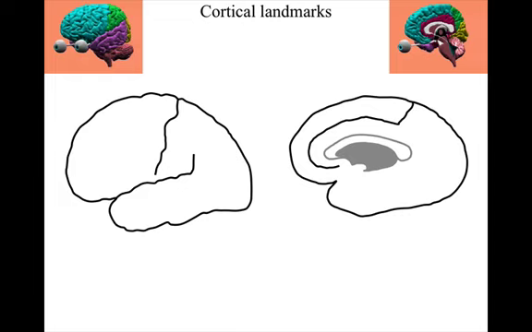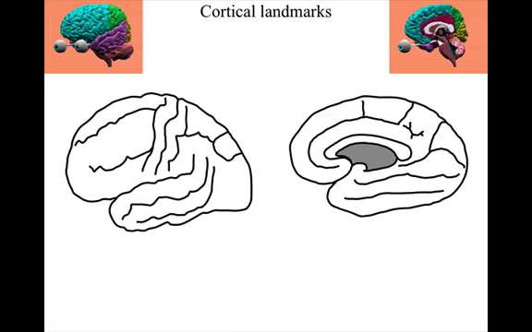If these views are drawn in a simplified fashion, there are a few deep fissures or sulci that are prominent in most brains. This is the lateral fissure, the central sulcus, and on the inner surface, the cingulate sulcus. And as I mentioned before, the cortex is deeply folded, and there are lots of other sulci.